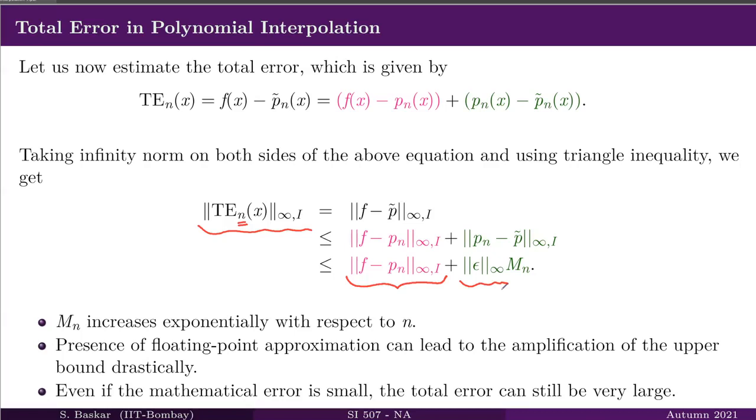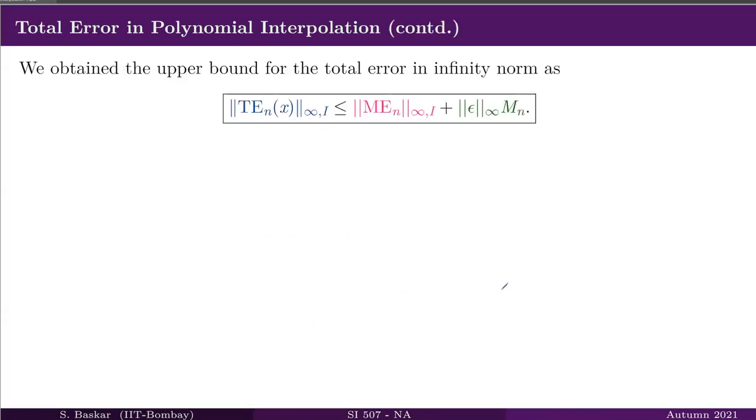Although mathematically we understand that as we keep on increasing n, we get better and better approximation, it doesn't mean that we can go on increasing n. Let us see the danger of going on increasing n with the hope that we get better and better approximation for our function.